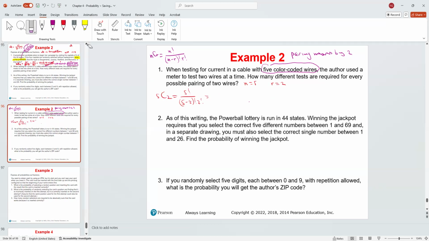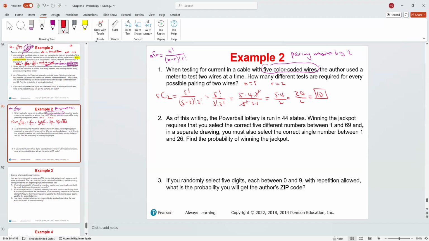Let's show this one first: 5 factorial over 3 factorial times 2 factorial, which is 5 times 4 times 3 factorial over 3 factorial times 2 times 1. If we cancel the 3 factorial, that makes it 5 times 4 over 2. 20 over 2 is 10. So in this case, that would be only 10.